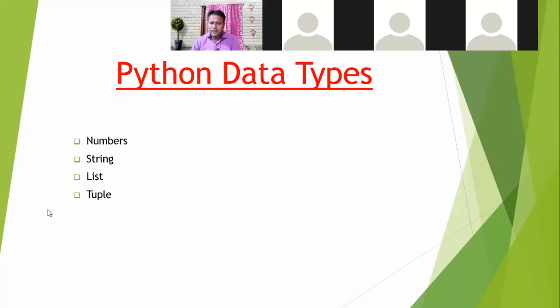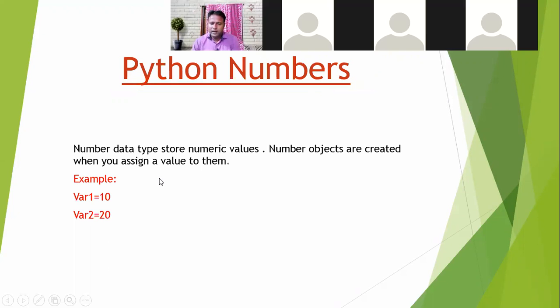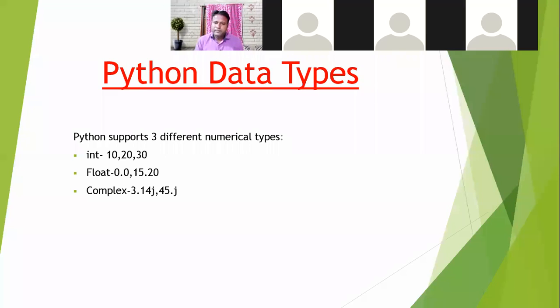Now check how it is actually working. When you directly store var1 equals 10, var2 equals 20, it is considered as a number. Python numeric data type is of 3 types.